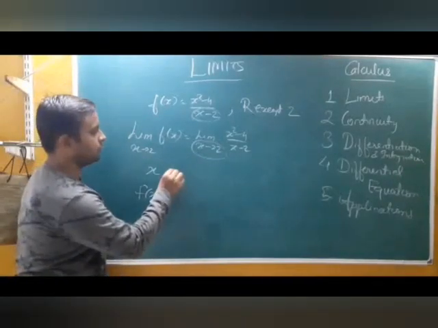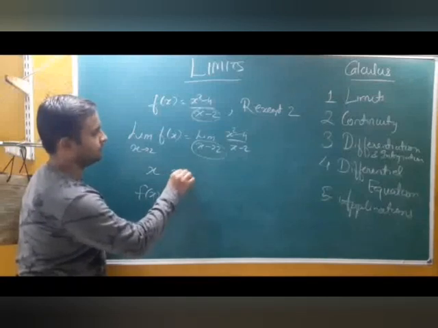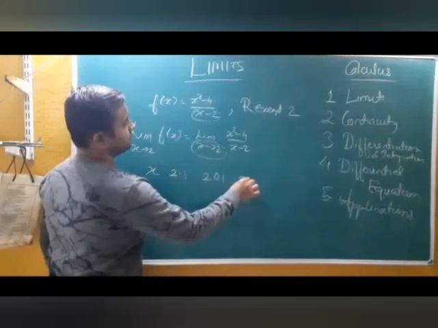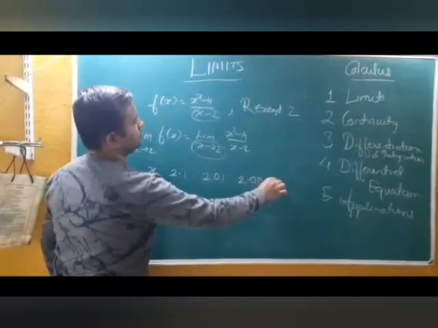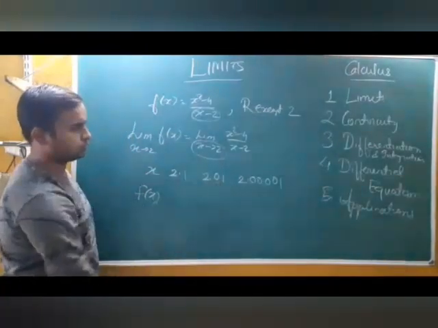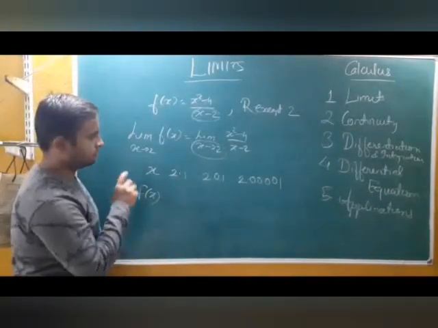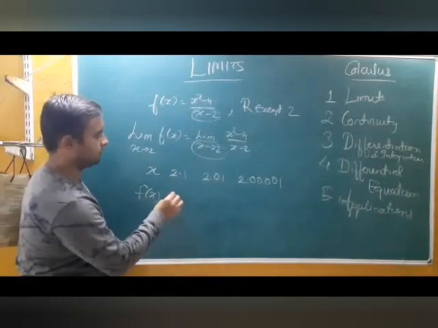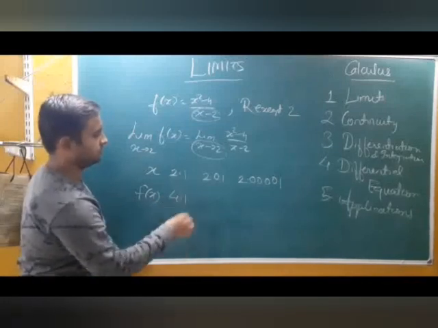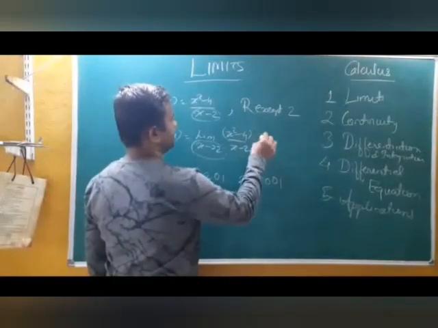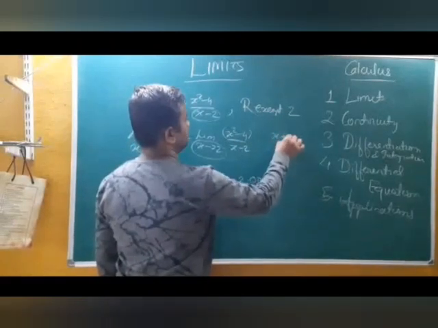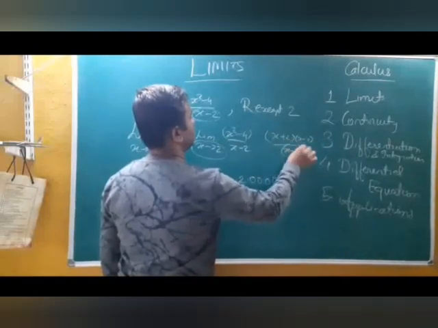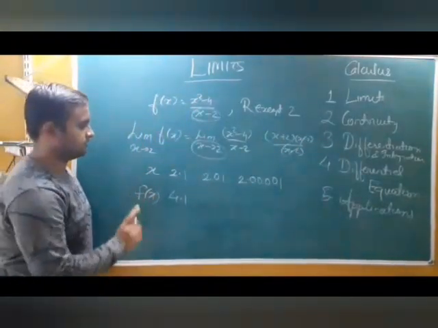So assume the value of x is 2.1, then the value of x is 2.01, then 2.00001, very close to 2. If we put the value of x as 2.1, the value of the function will be 4.1, because if we factorize this, we get x plus 2 into x minus 2 upon x minus 2, we cancel this out and the value of the function is x plus 2.